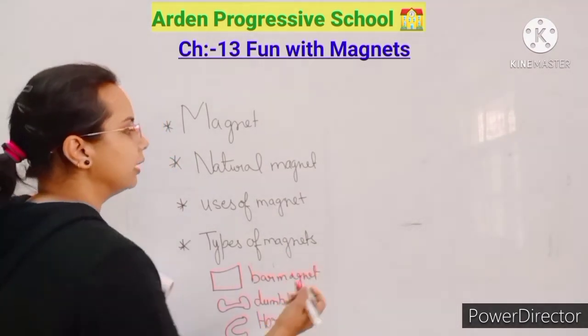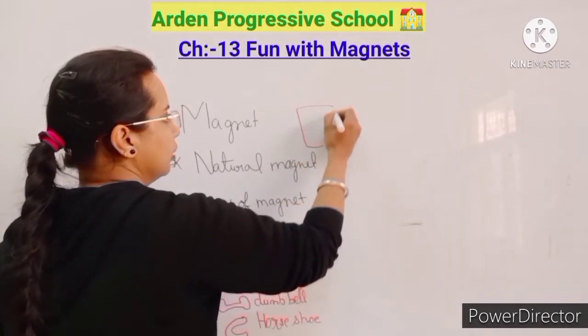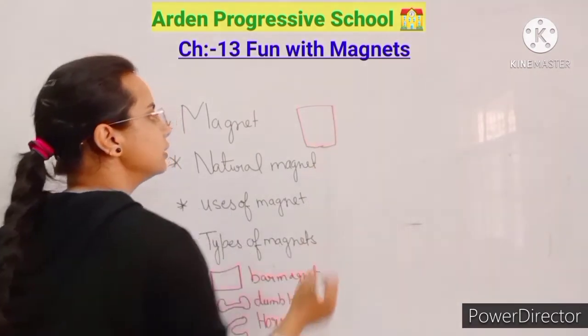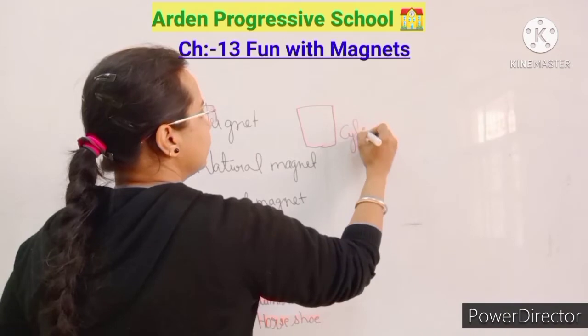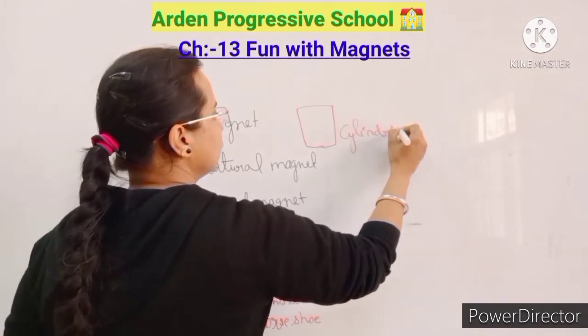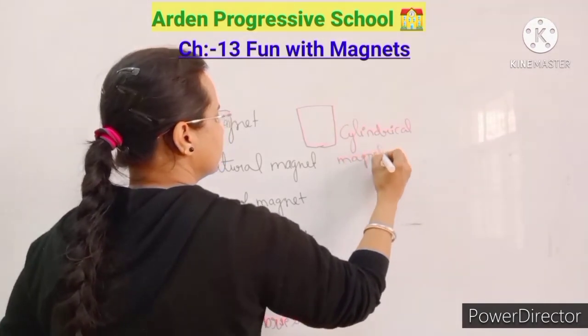Okay, now the magnet is of cylinder shape also, like this. So this is a cylindrical magnet.